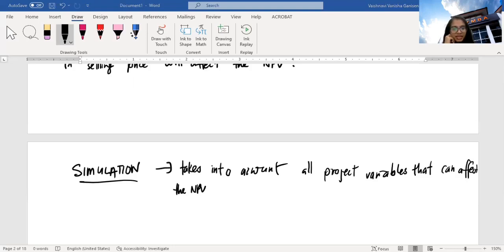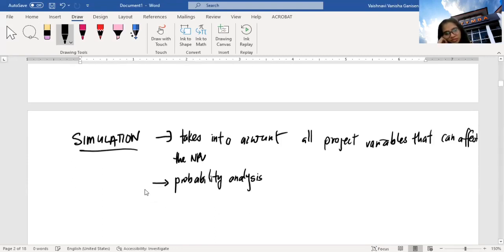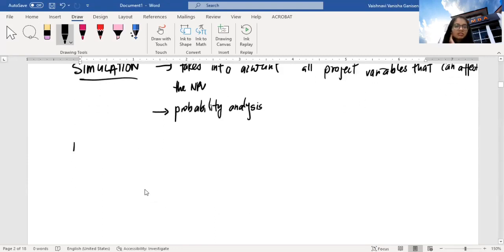Okay, and besides that, you must know that in this concept you actually use probabilities. The method that you will use is probability analysis. And okay, let's talk about the advantages.